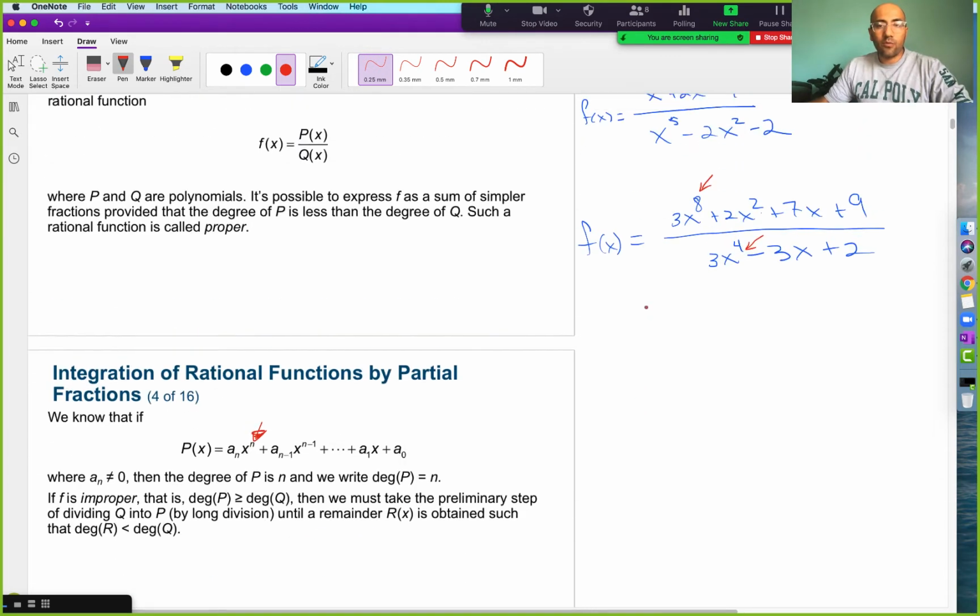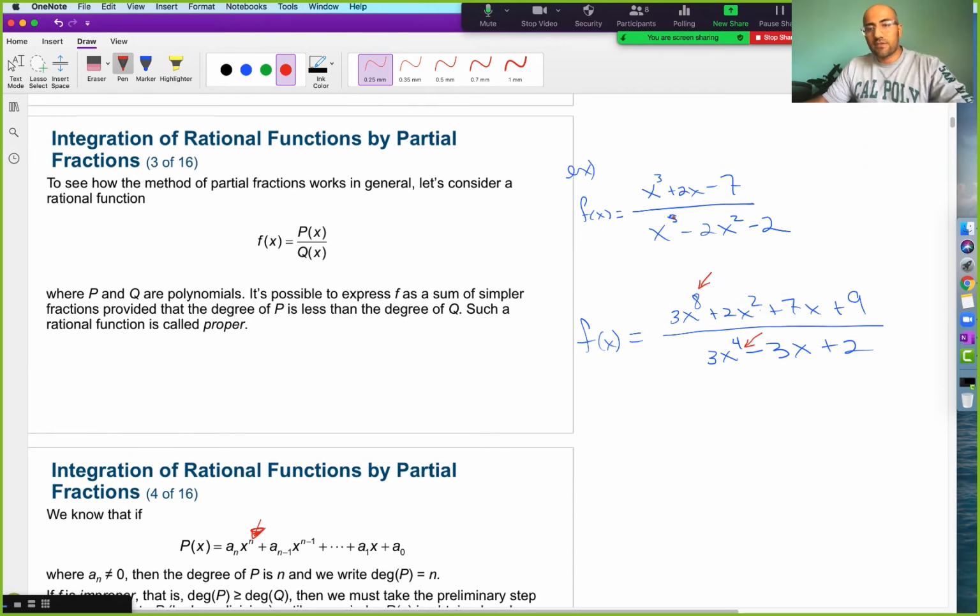So either we will run into fractions like this, where the degree is smaller than the denominator, or we might run into fractions where the degree is larger than or equal to the denominator. In cases like that, divide it first, and you'll end up with some sort of polynomial. So f of x will then be written as some polynomial of x plus the remainder over the divisor here, 3x to the fourth minus 3x plus 2.